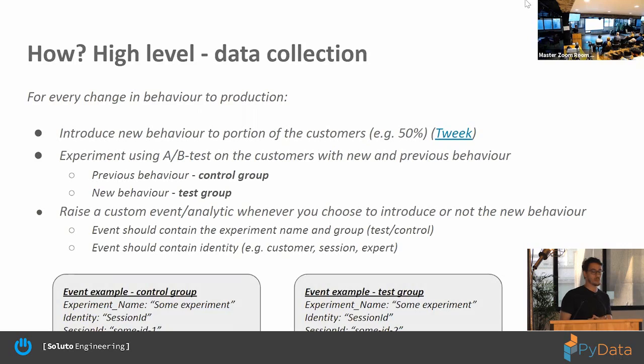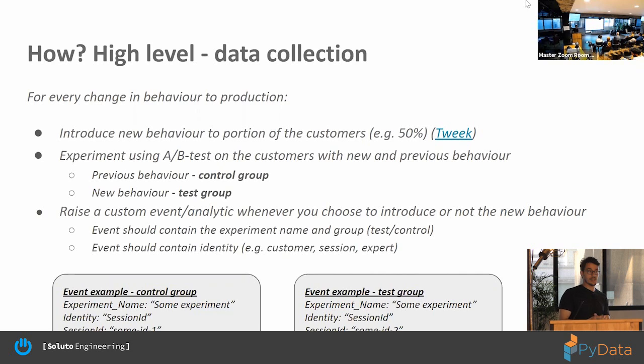And then we can have the control group and the test group. The control group keeps getting the same behavior as before, while the test group gets the new behavior that we want to experiment on. At this point, the only thing we ask from the development team is, since we already have an analytics system in place, all you need to do is raise a custom event with a few things, in order for us to provide all these automatic measurements for every experiment.